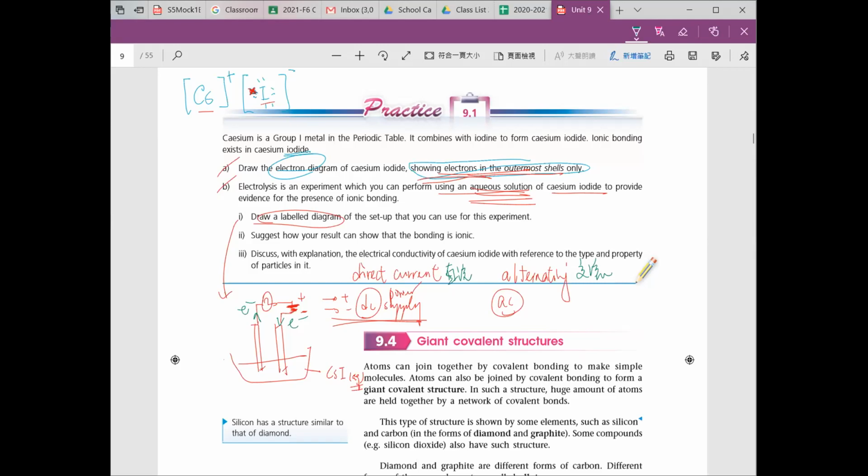So this is what you may write down as a labeled diagram. So what are those two rods? Do you know what the two rods are? We call them electrodes. Normally they are made of one material. What is that material? Can you please give me some suggestions?